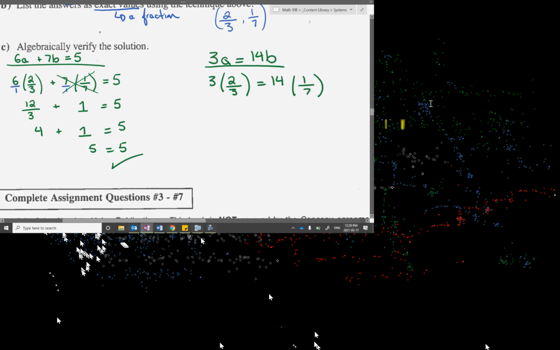So on my second equation, let's review a little bit of shortcuts with fractions. If I have a 3 in my numerator and the denominator, those are going to cancel. So I'm just left with a 2. 14 times 1 is 14 over 7, which reduces to 2. By all means, grade 10s, I would hope you could go directly to this step, skip that middle one.